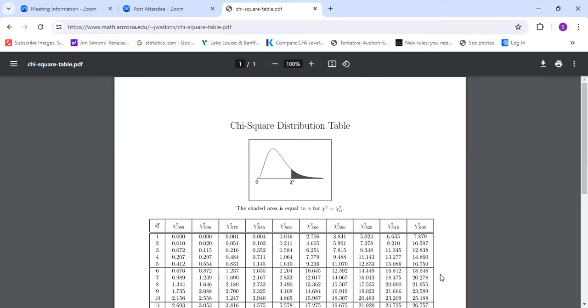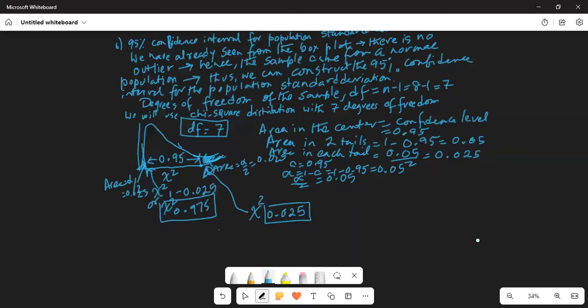So now I'll go back to the table. Okay, I go back to doing the problem. Let me write those critical values which I found from the table.